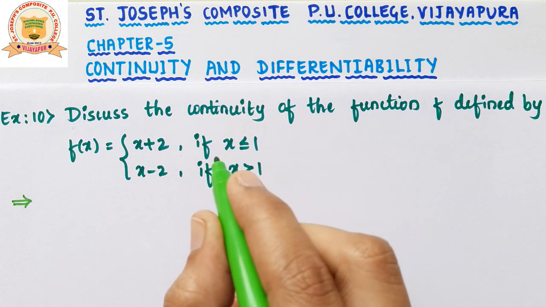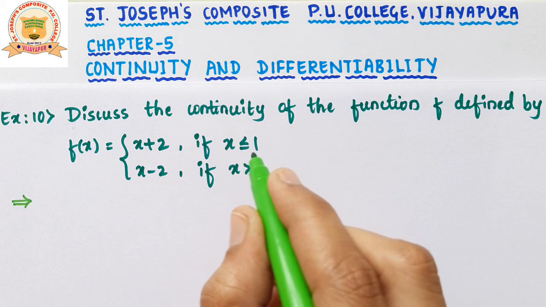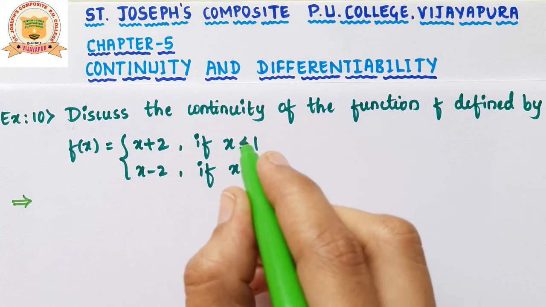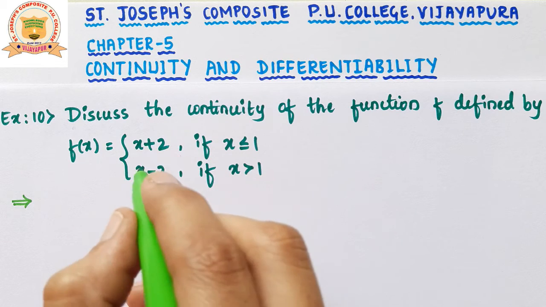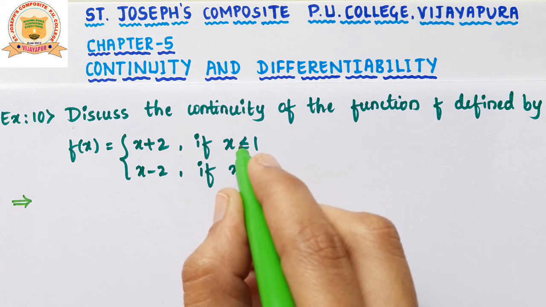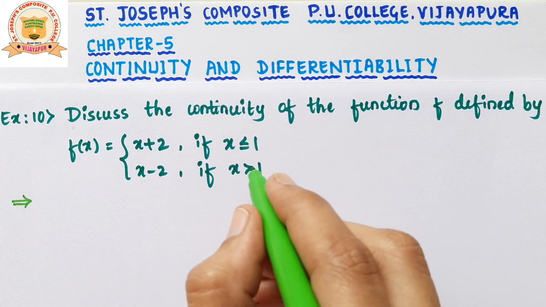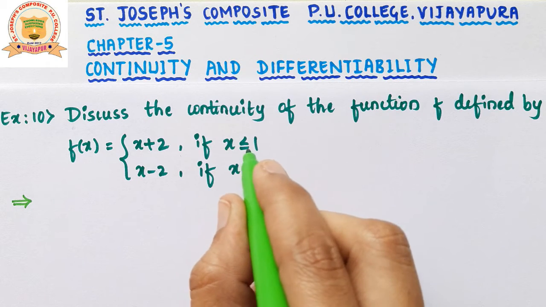Now we have to check the continuity of the given function at each and every point. For x less than 1, the function is different. We have to check the continuity of this function for all the real numbers less than 1, and we have to check the continuity for x greater than 1, and also we have to check the continuity at x equal to 1.